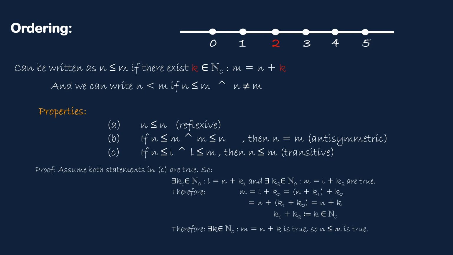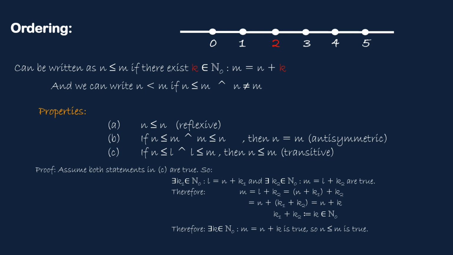So, to prove the transitive property, assume both statements are true. There exists k sub 1, an element of zero and the natural numbers, such that L is equal to n plus k sub 1. And there exists k sub 2, an element of zero and the natural numbers, such that m is equal to L plus k sub 2.